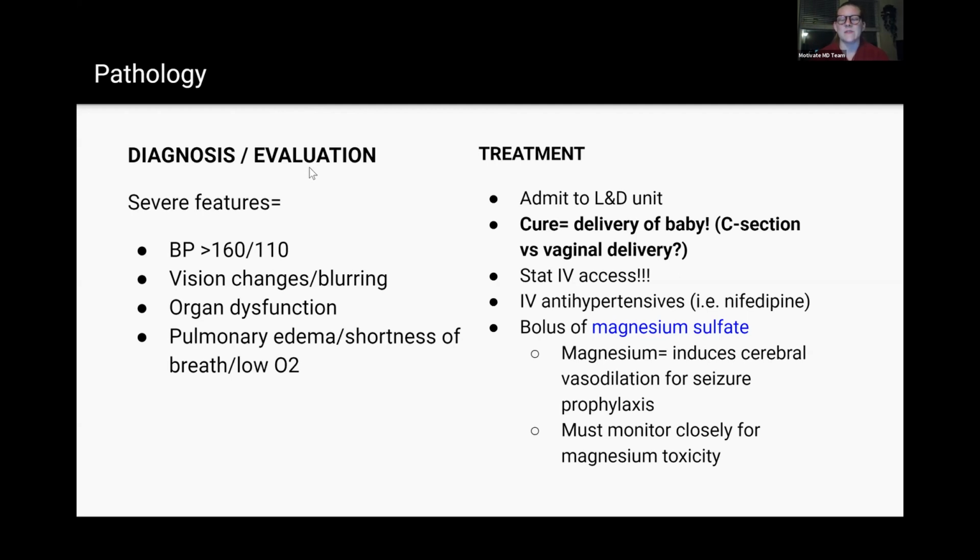She doesn't need to be admitted and have these more intensive treatments. We could probably manage her outpatient with nifedipine or another antihypertensive, but we would want to watch her very closely for potential to have more severe features become apparent.